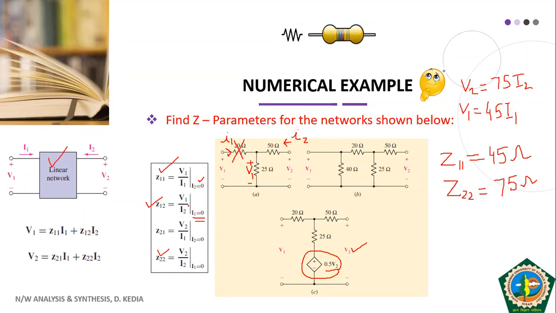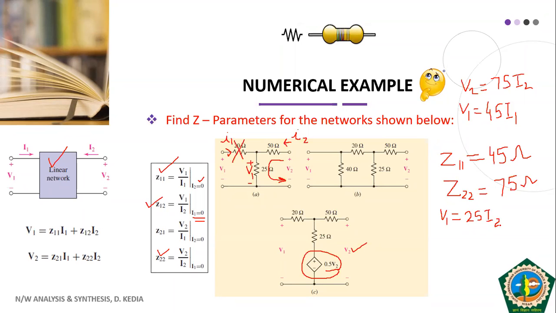We need a relationship between V1 and I2. If you carefully observe, this I2 is also flowing through this 25 ohm resistance. Now what is V1? Your V1 is equal to, your resistance is 25 ohm and current flowing through this is I2.